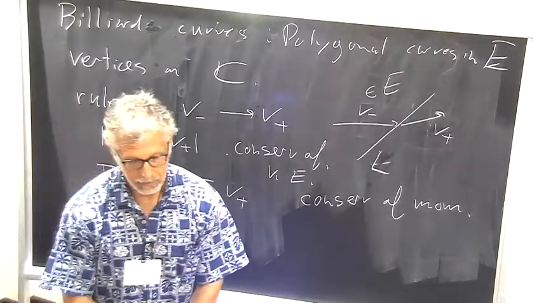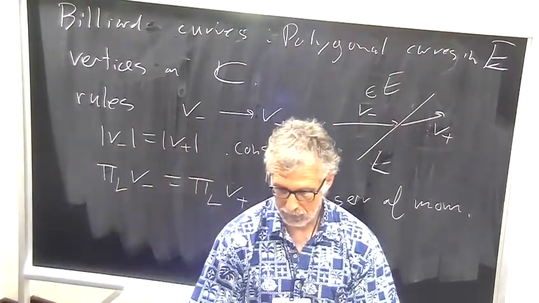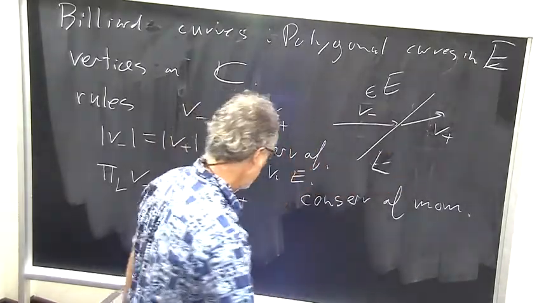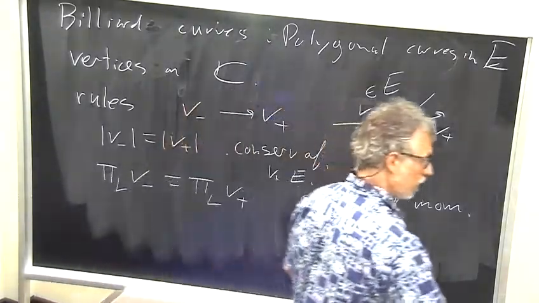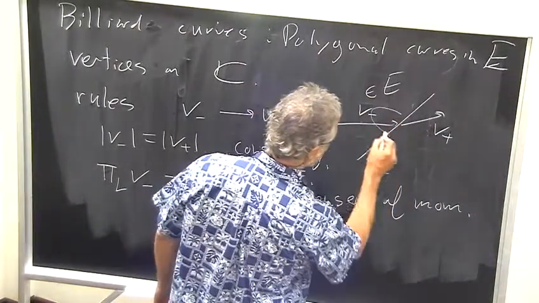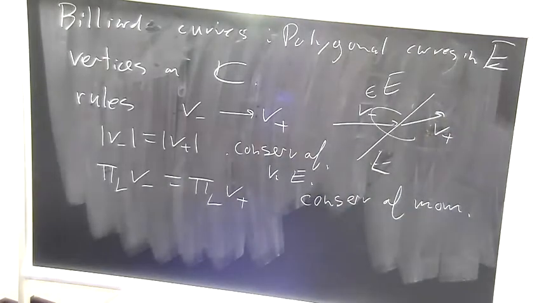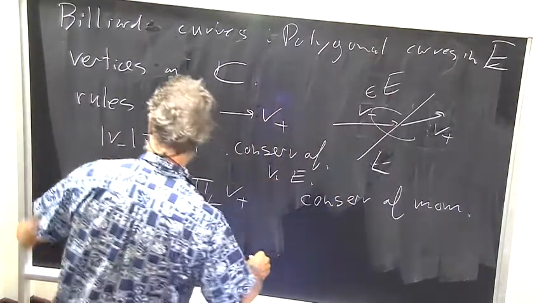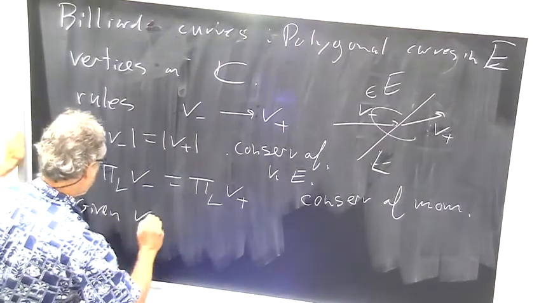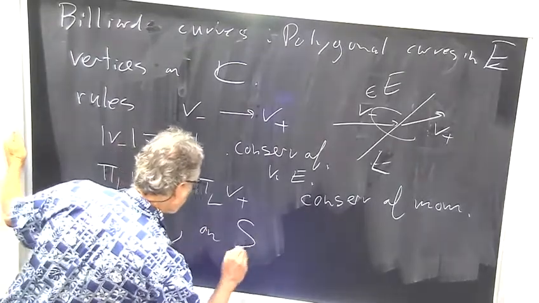So if you take a line and you hit like that, what are all the possible directions? Well, it's a sphere of possibilities. There's a circle's worth, you come in, there's a cone of possible directions coming out.